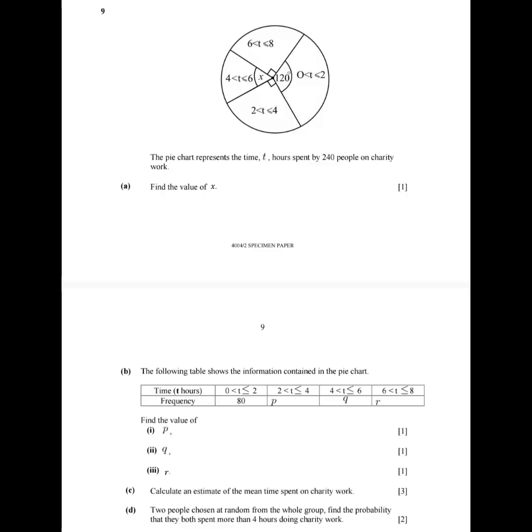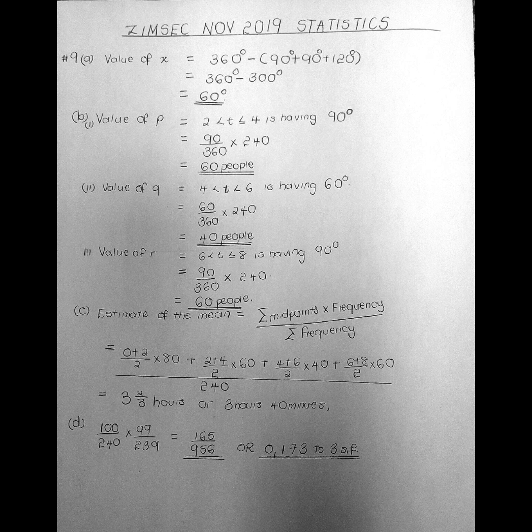And then on part B, it is saying the following table shows the information contained in the pie chart. We are supposed to find the value of P. So to find the value of P, the degrees representing 2 to 4 is 90 degrees. So we say 90 over 360 times 240 in order to get 60 people.